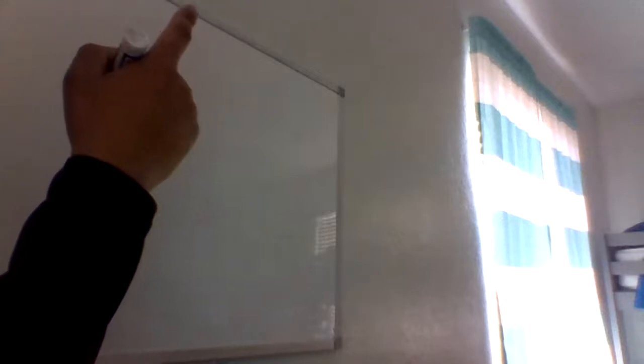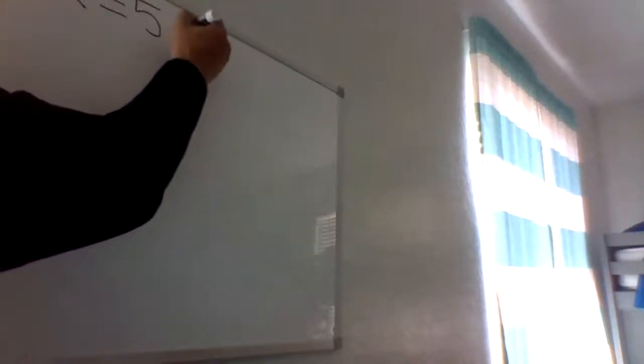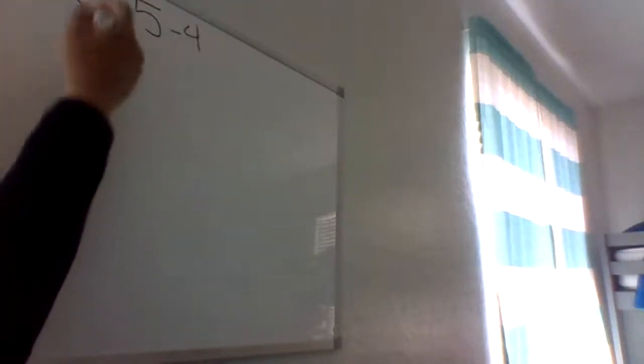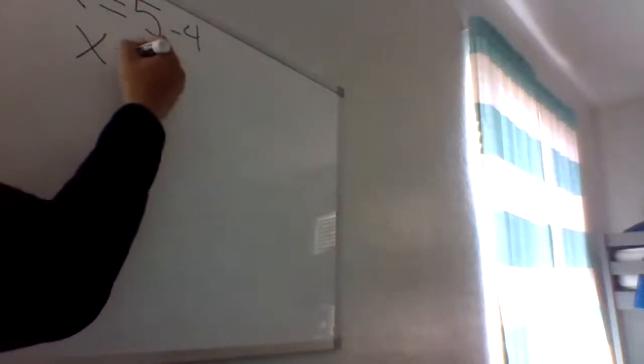So the other equation was what? X equals y minus 4. So what do we know? So the x equals, and do we know what y is? Y is 5 minus 4. So what does x equal? 1.